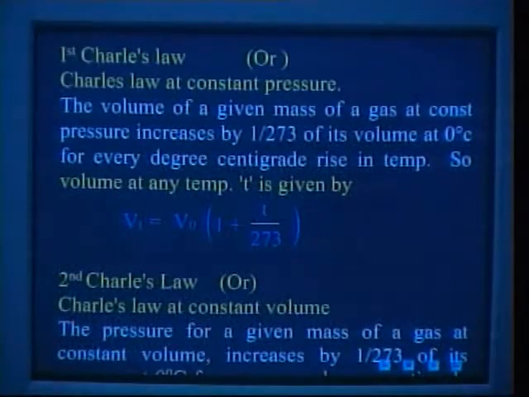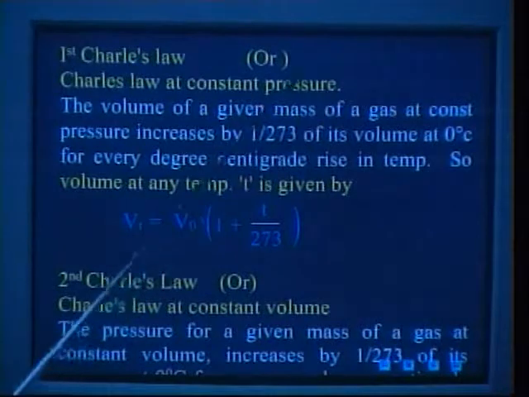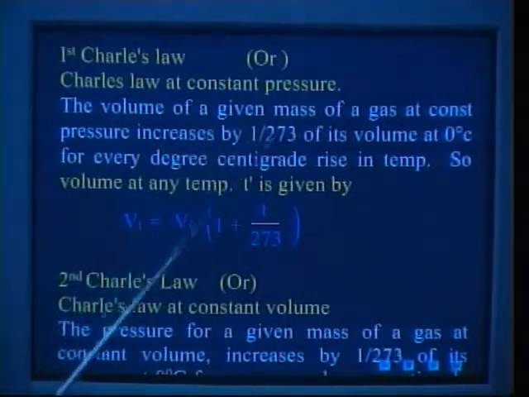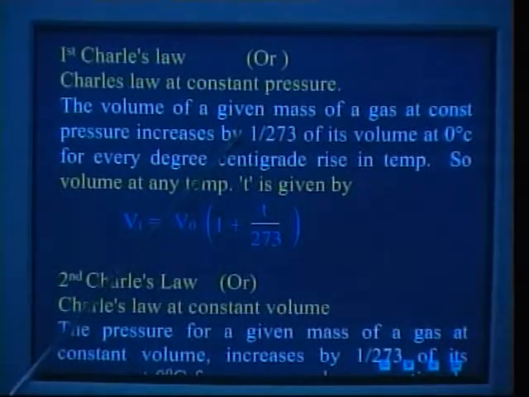First Charles law, or Charles law at constant pressure: the volume of a given mass of gas at constant pressure increases by 1 by 273 times of its volume at 0 degree centigrade for every degree centigrade rise in temperature. So, volume of gas at any temperature T is given by Vt equals V0 into 1 plus T by 273.